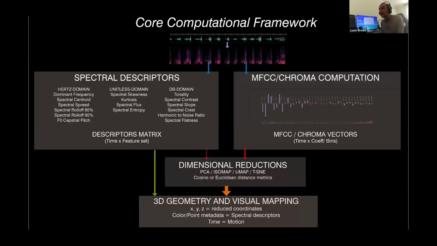And there's also the possibility to run the spectral descriptors into the dimensional reduction, but this is something that I have not looked into so far, so it's still an unexplored field. So far, I worked with dimensional reduction from the MFCC and chroma data.